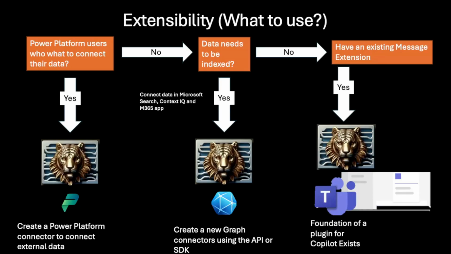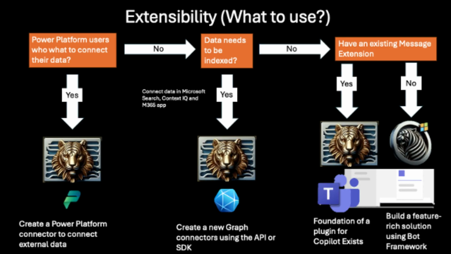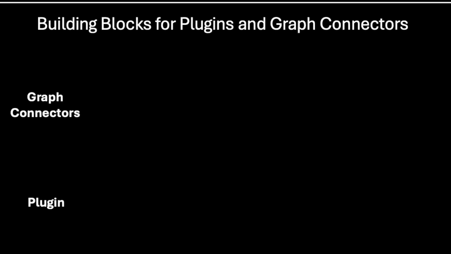And if that doesn't work, but you have an existing message extension, you already have the foundation in place for a plugin because Copilot already exists. If neither of those work for you, you still have the option to use the Bot Framework to build a really feature-rich solution. If you're not familiar with it, the Bot Framework service from Microsoft is the Azure AI component, the bot service, that sends information between the user's bot-connected app and the bot.